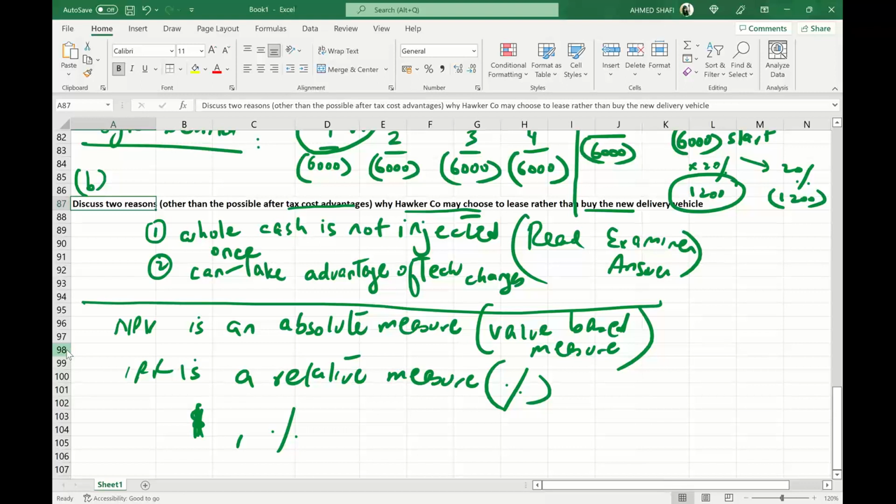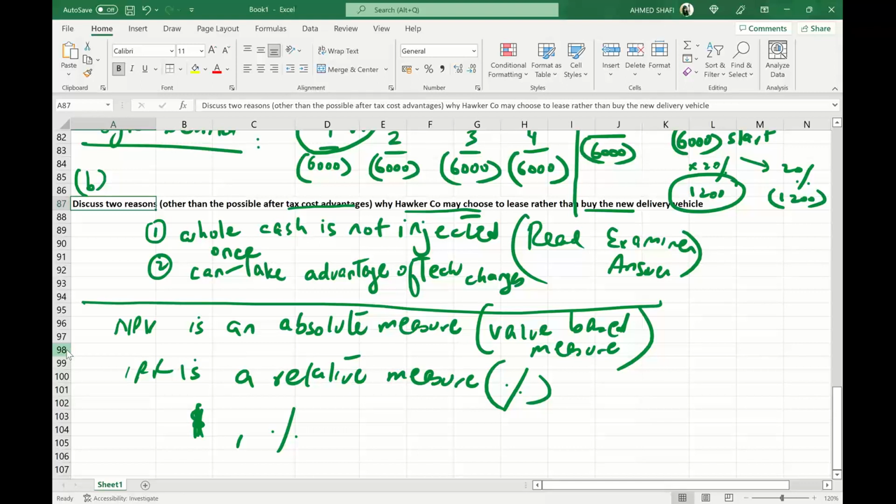If I tell you that a project is generating return of $2,000, you will understand it easily. But if I say a project is generating return of 10%, you won't understand it easily, because you will start thinking, 10% return of what? Of sales, of costs, of profits, of investments, so many questions. But if I say that project is generating return of $10,000, no other question. Everybody is clear with it.